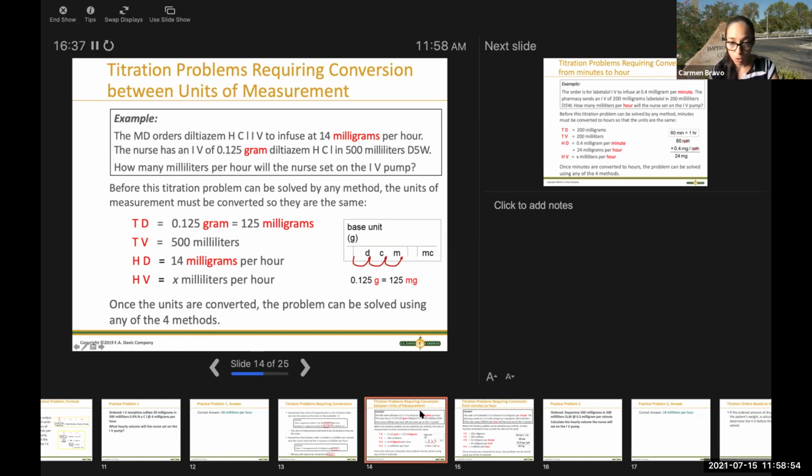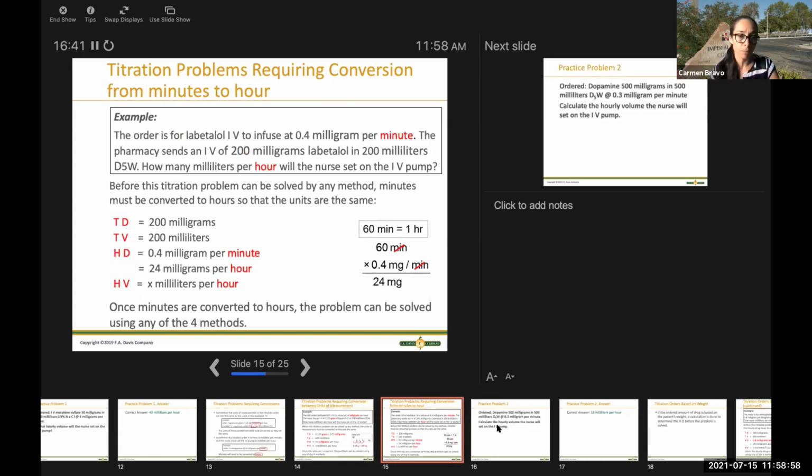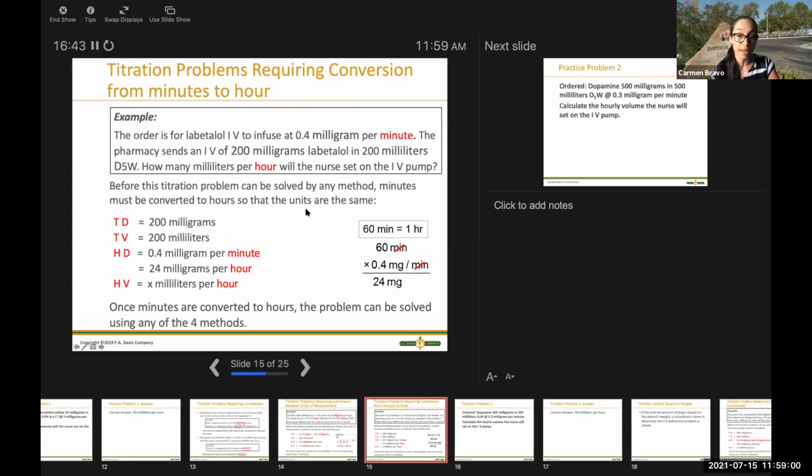Okay, and then the minutes, if you do have minutes left, the same way as we did earlier, you're going to do the conversion as I taught you earlier, to convert that into minutes.